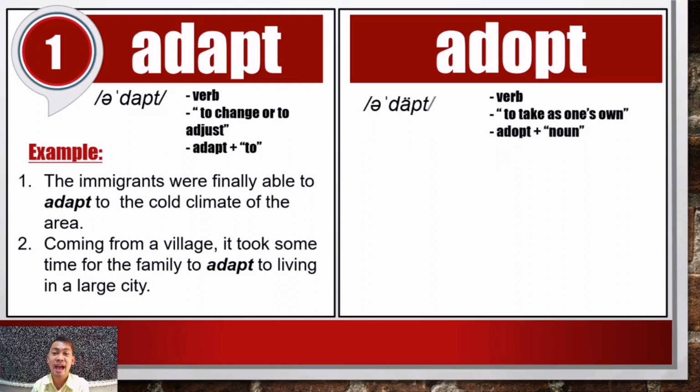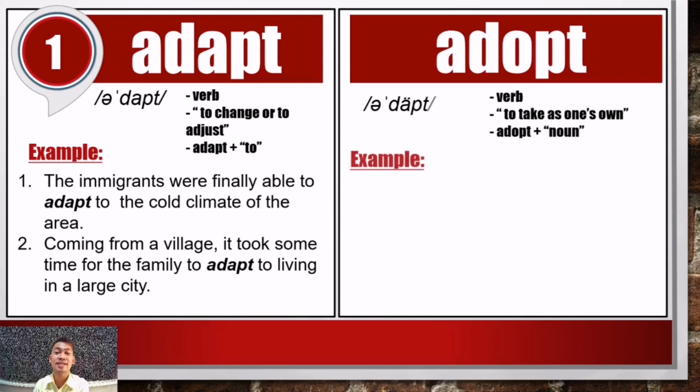So let's have this formula. You just have to write the word adopt plus a noun. Now that noun is the thing or the person that the subject owns. So it is the direct object of the verb adopt.